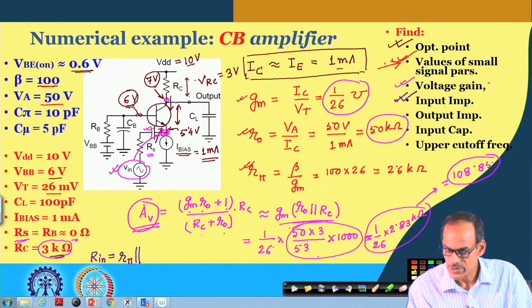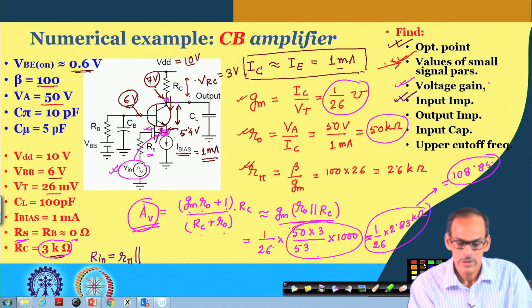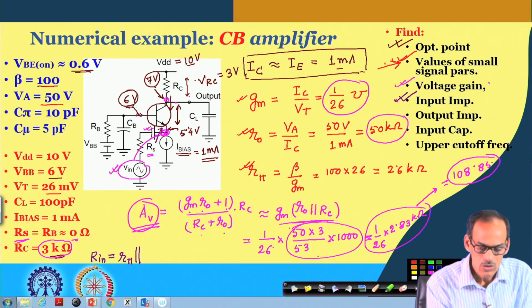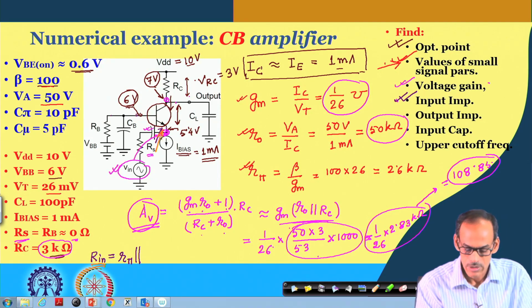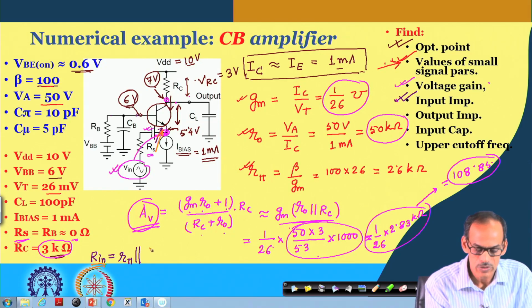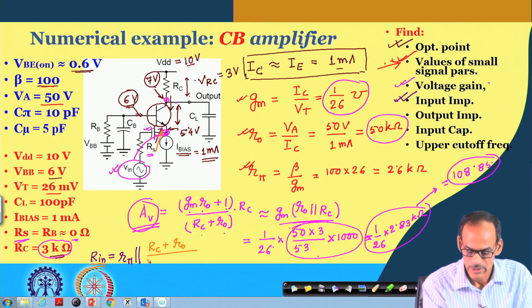Let me use a different color. So, we have the input resistance looking into the emitter. The input resistance is expected to be (R C plus R O) divided by (G M into R O plus 1).